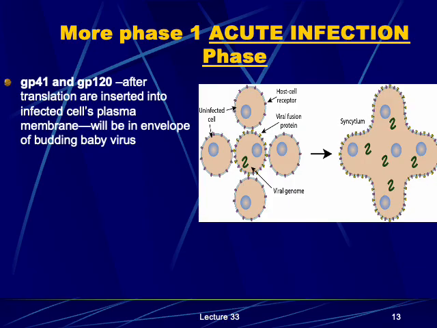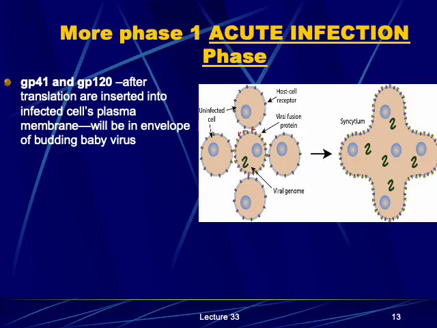Now, at this point, we're going to talk a little bit again about cells dying from syncytium formation. So as I explained earlier, the GP41 and GP120 proteins should be present in the infected cell's plasma membrane. So they're here. I'm just going to mark them off. This is an infected cell, and it's expressing its proteins, and there are proteins on the surface.